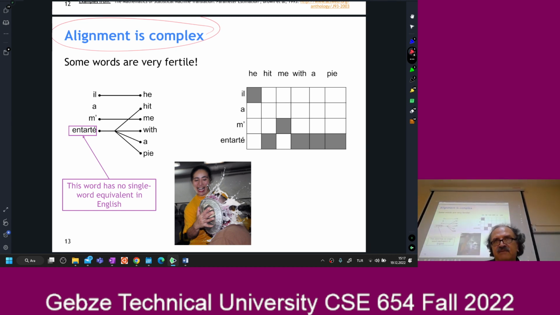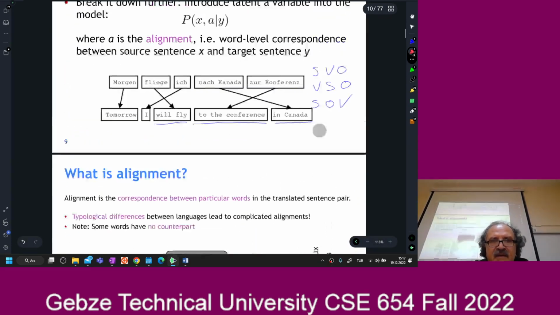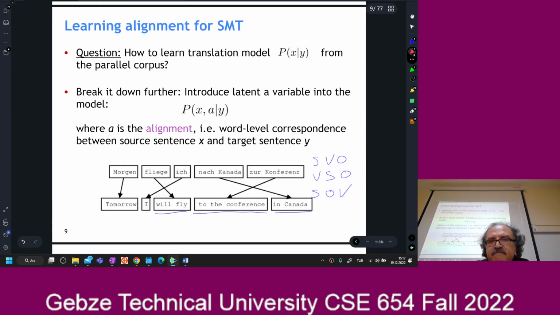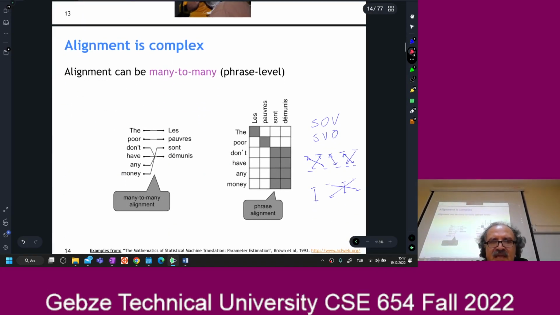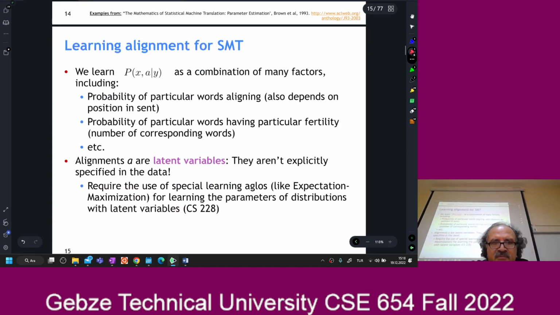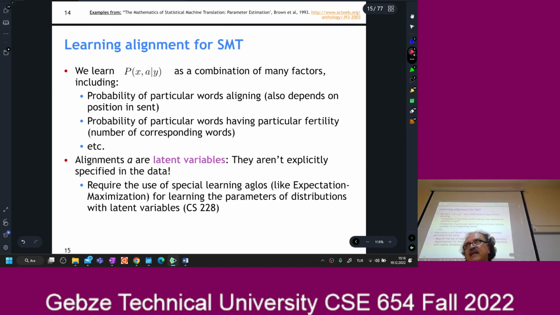You cannot say that there is one alignment function and it's going to handle everything. Alignment depends on the sentence pair itself. So learning that alignment along with the translation is difficult, but at least we made these two different problems, and I can work with the alignment part and the translation part separately.